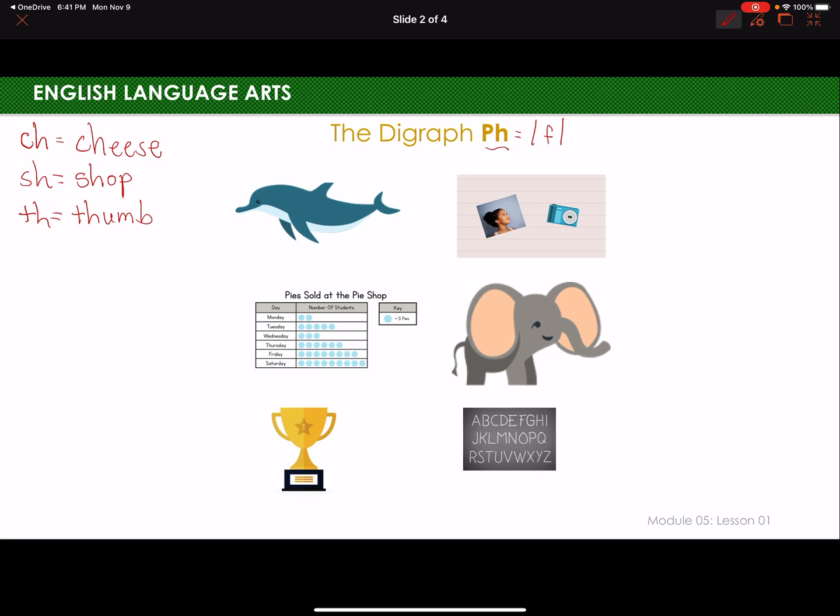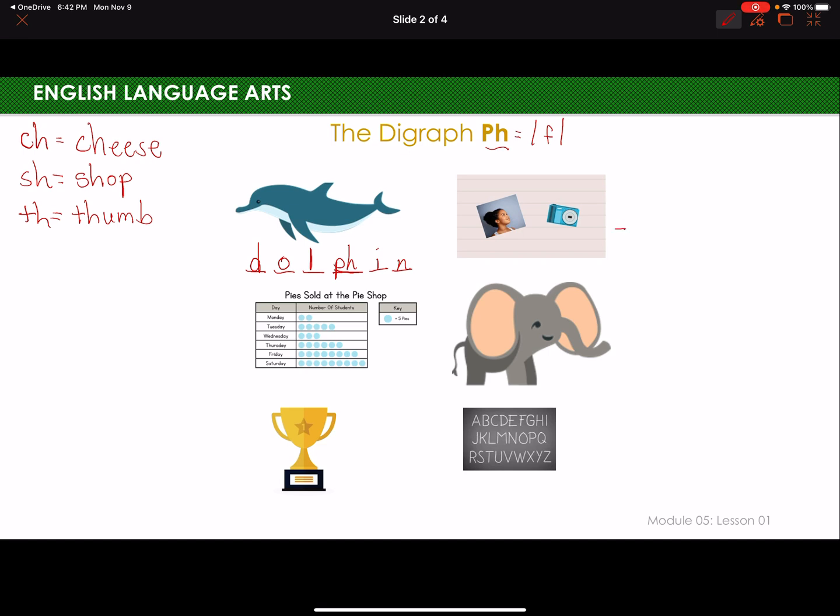So let's take a look at some of these pictures and see if we can identify the PH sound in the word. Okay, so for this picture right here, we have a dolphin. I have D, which is the D sound, O, L, and then PH makes the F sound, and then N, which is I-N, dolphin.